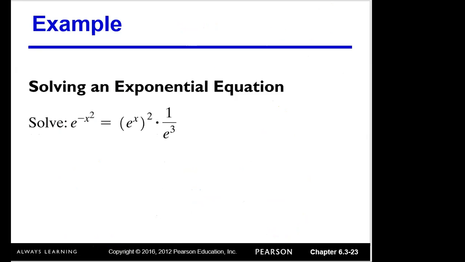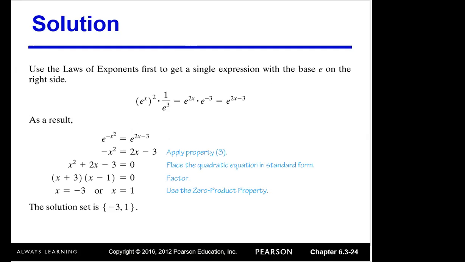And solving an exponential equation, solve e to the negative x squared equals e to the x squared times 1 over e cubed. Oh boy, I'll just show you their work. They started with the right side, and they put this over 1. They did power to a power. They took e to the x and squared it.